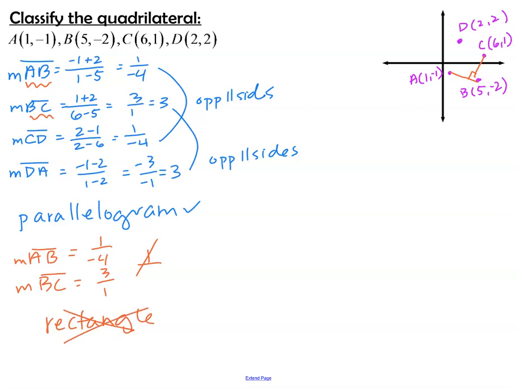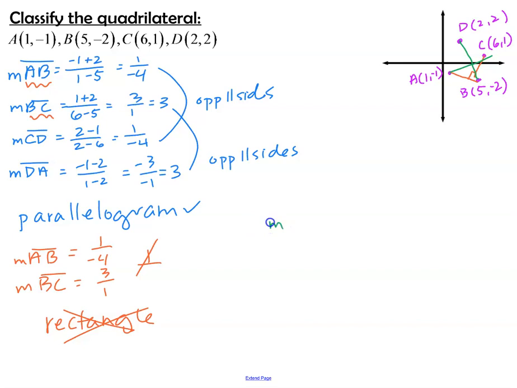Lastly, we have to check whether this is a rhombus or not. For the rhombus, the fastest check is to see if the diagonals are perpendicular. So again, the diagonals would be DB and AC. Now unfortunately, we haven't taken the slopes of those yet, but that's okay. It's not going to be very hard.